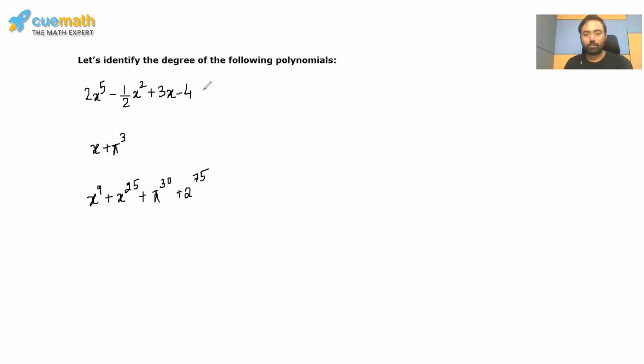Now the first polynomial can be rewritten as twice of x raised to the power 5 minus 1 over 2 x raised to the power 2 plus thrice of x raised to the power 1 minus 4x raised to the power 0. Now we see that there are four terms and the highest exponent of the variable would be the degree. So which is clearly this. Hence the degree of this polynomial is 5.